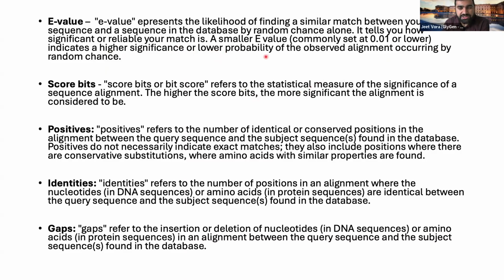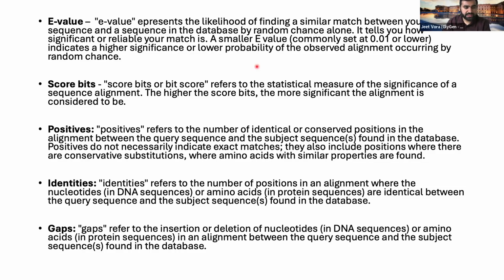The lower the e-value, the higher the significance. If you put in a lower e-value, you won't get any hits that occur just by random chance, so the results it shows you will be very significant and meaningful.